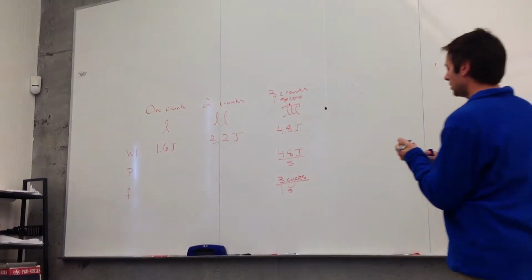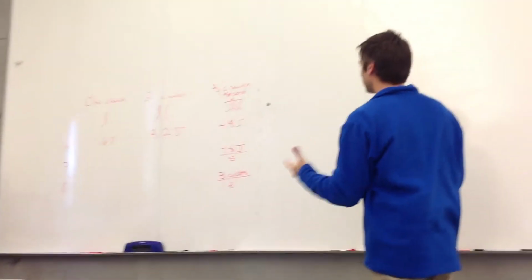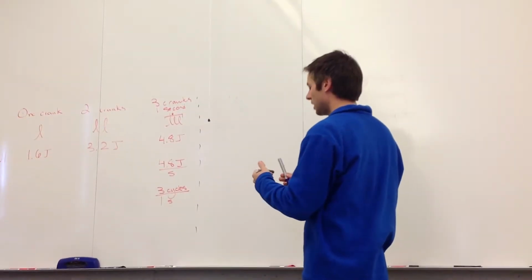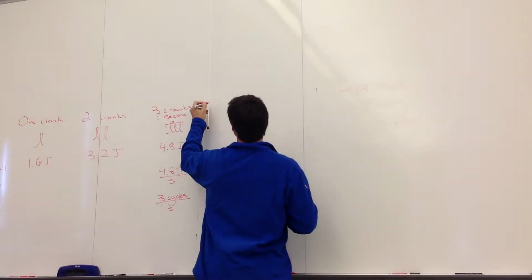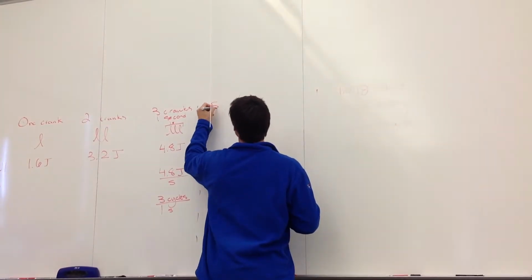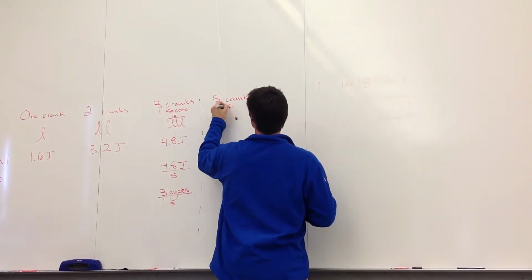Now I'm going to start a new little section here, and we're going to actually do a problem that you might have seen on the investigation. Now I have, let's see if I get this right, 5 cranks in 10 seconds.